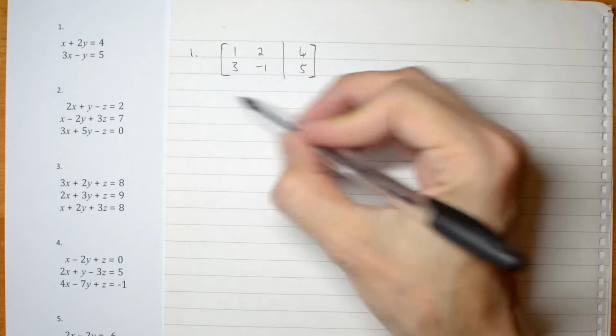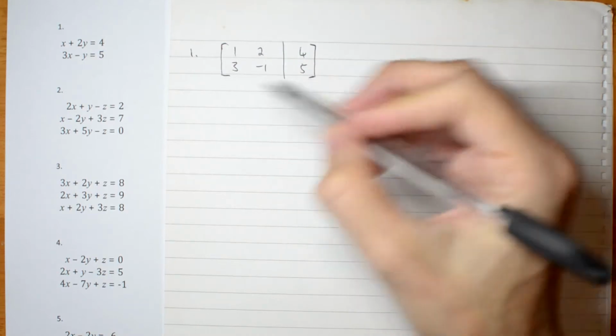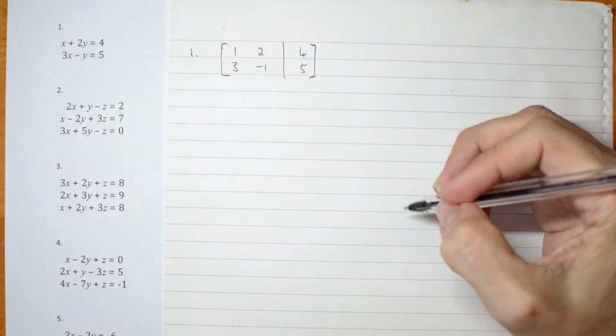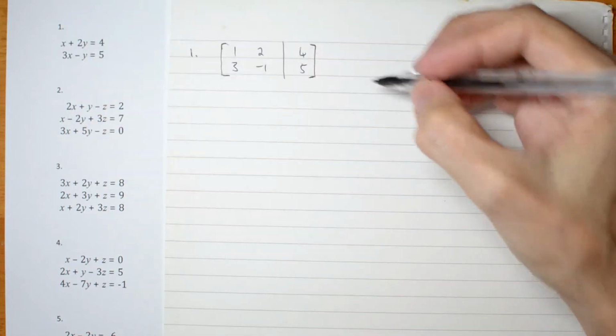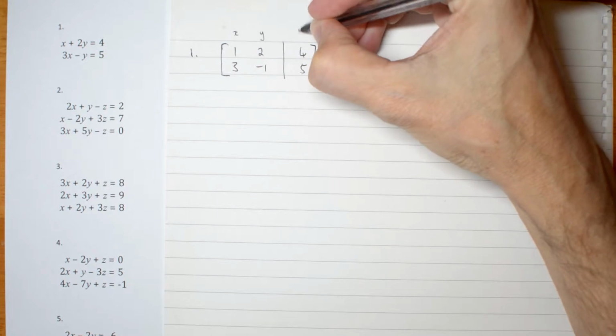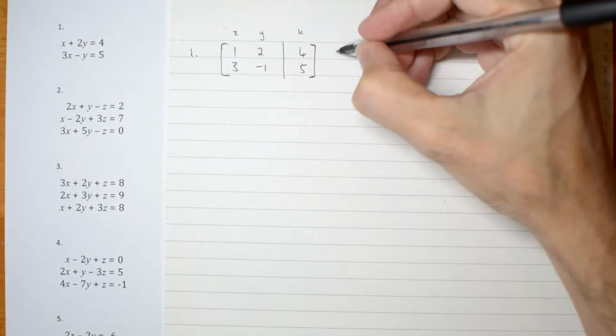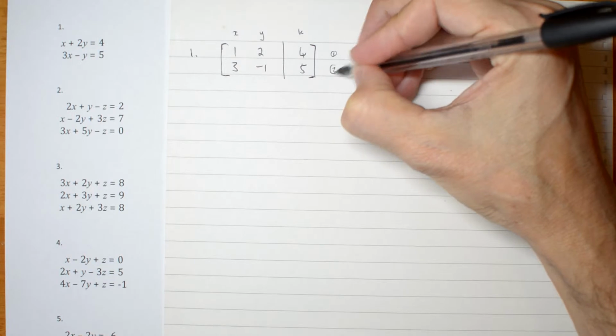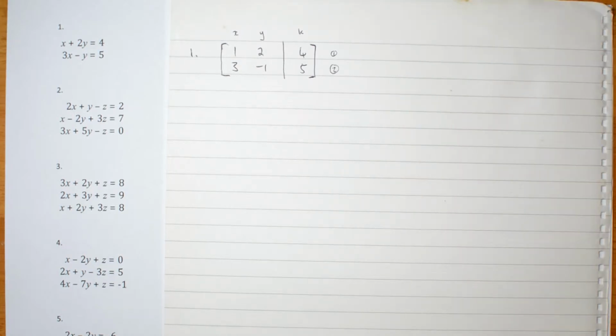Keep in mind this is just a shorthand representation for these equations. All I'm doing is putting the x variable here, the y variable here, and the result constant over here. This is equation 1 and this is equation 2. I'm not normally going to write this, I just wanted to show you on the first one.